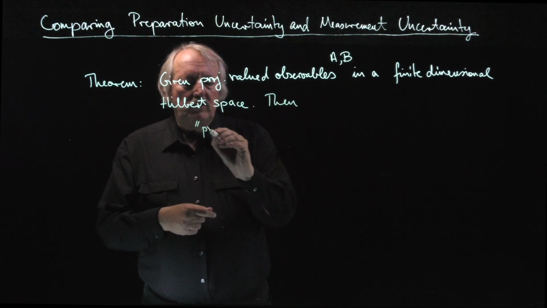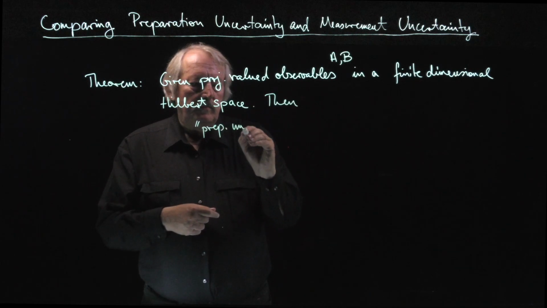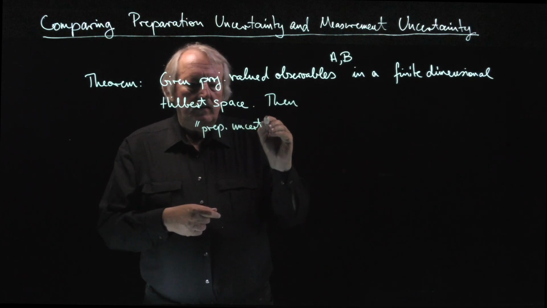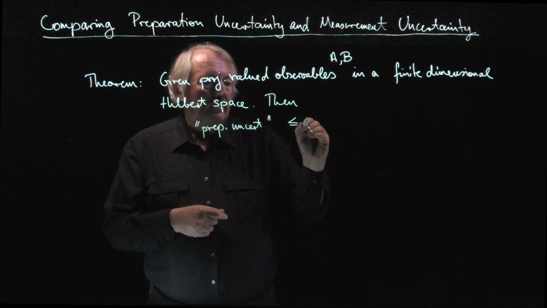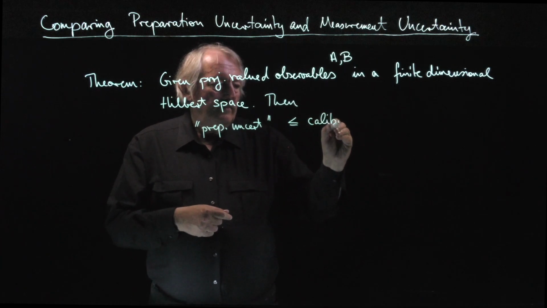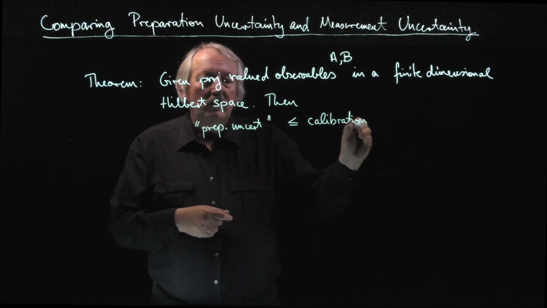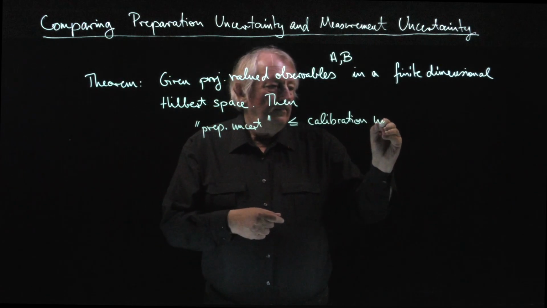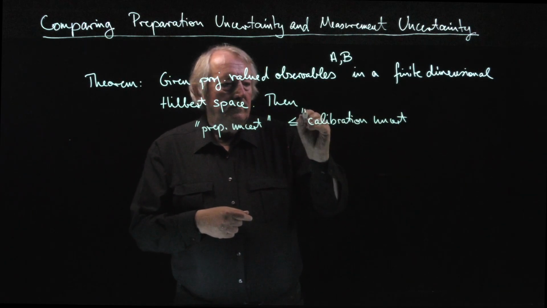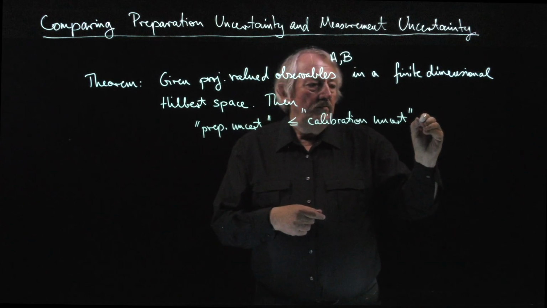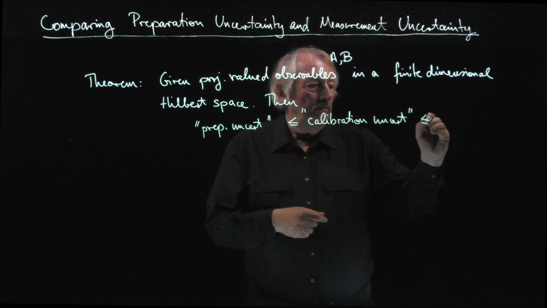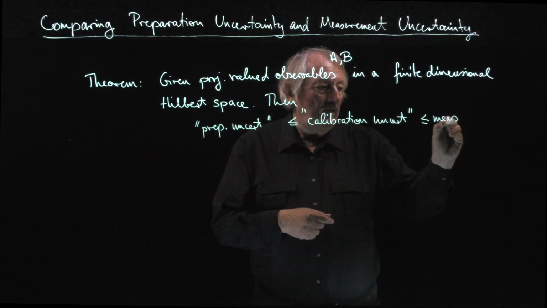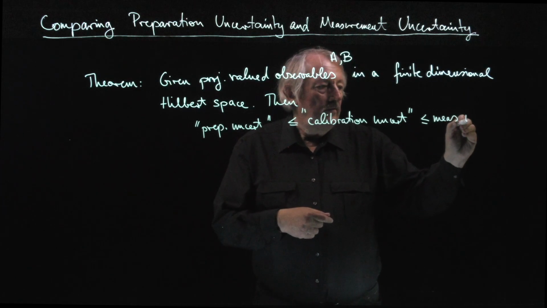So the preparation uncertainty is smaller than the calibration. That's the new one that I just defined. And this is less than the measurement uncertainty. That I just explained, right?